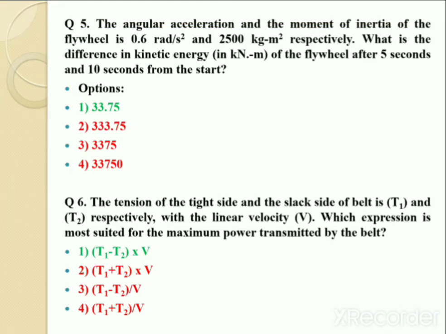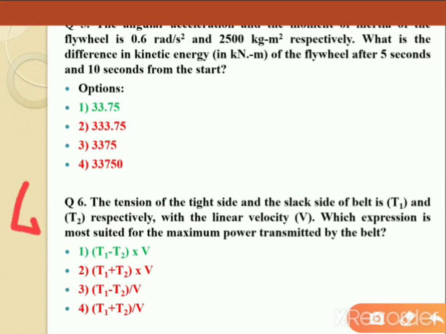The angular acceleration and the moment of inertia of the flywheel are 0.6 radian per second square and 2500 kg per meter square respectively. What is the difference in kinetic energy of the flywheel after 5 seconds and 10 seconds from the start?